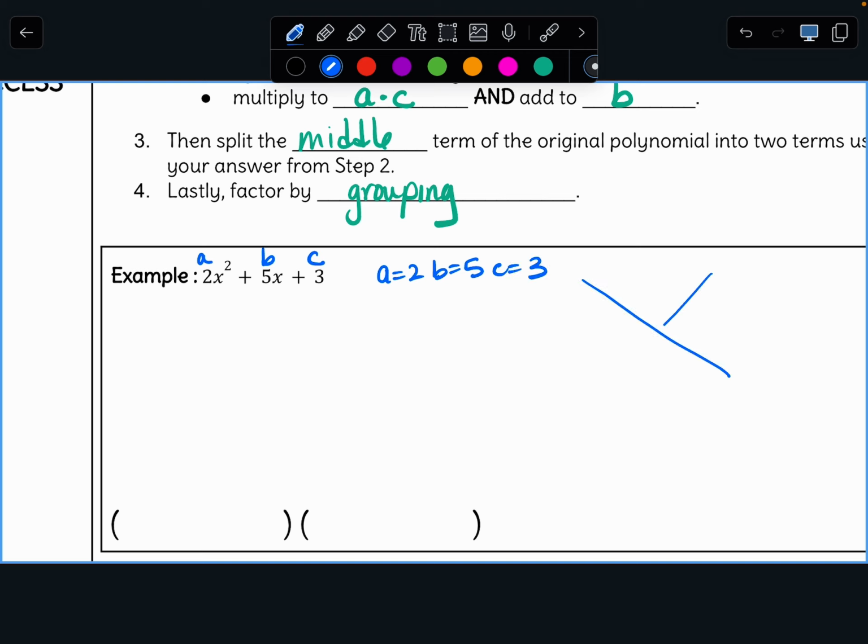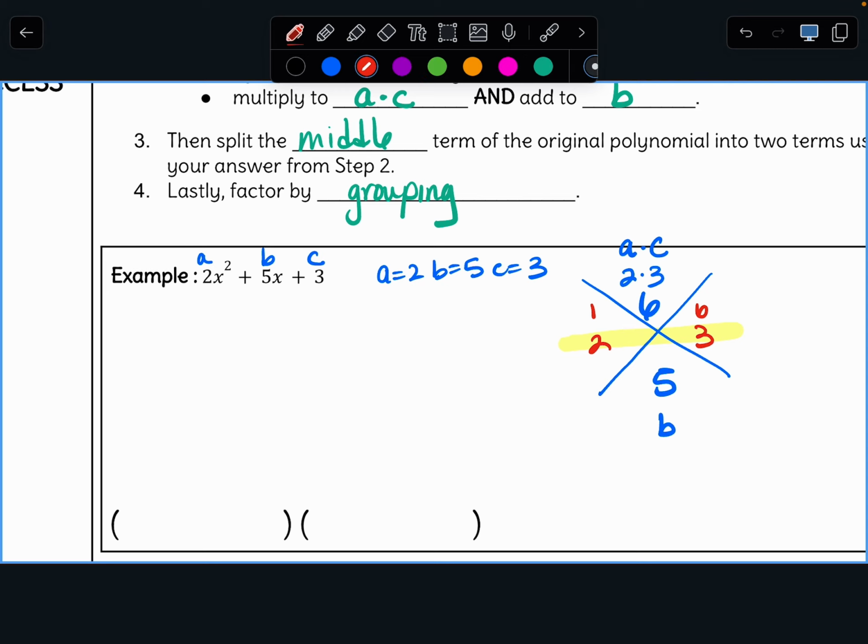So when I make my puzzle, that's A times C, that's 2 times 3, which is 6. And then B is 5. So that's 1 times 6 and 2 times 3. When I add my numbers, the two that add to give me 5, 2 times 3 multiply to give me 6, and they add to give me 5.